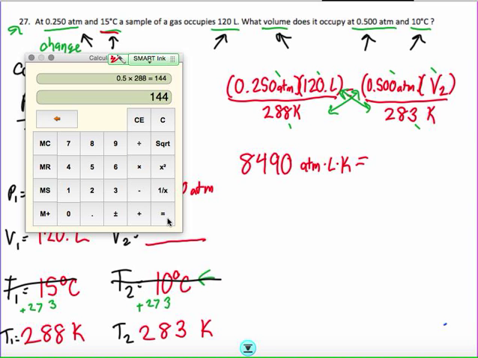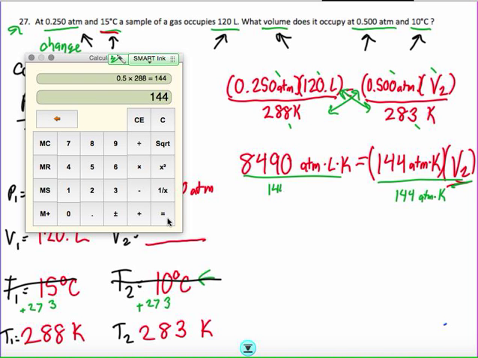And we get 144 atmospheres Kelvin times V2. In order to get V2 by itself, we need to divide both sides by 144 atmosphere Kelvin. You'll see that all of this cancels out. Atmospheres cancels out with atmospheres. Kelvin cancels out with Kelvin. You're left with liters, which is cool because that's a volume measurement.